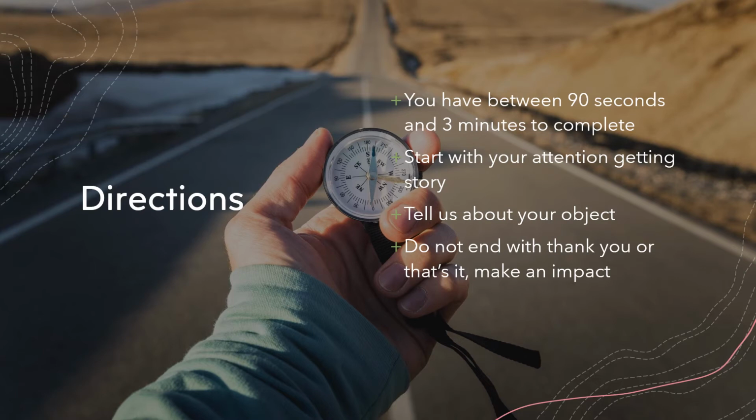On the back of your index cards, I want you to write down the time that it took you to perform this speech, meaning turn your phone on, hit the record button, deliver the speech, and hit stop. Look at the time on that video and write that down on the back. By doing so, you will get a better idea of how long your speech is taking to complete.